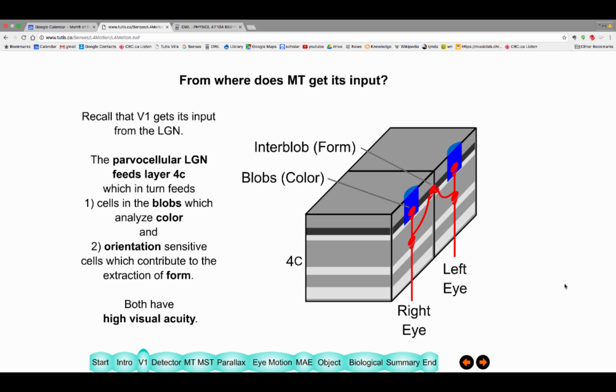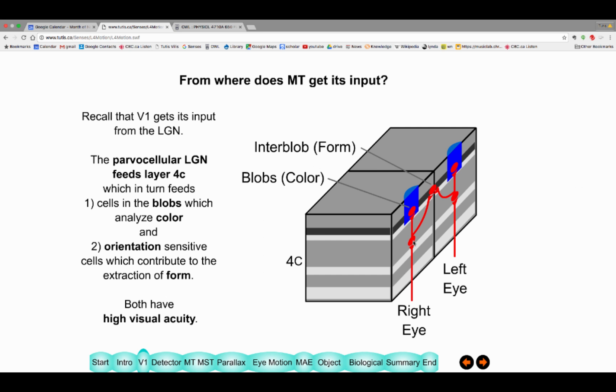Now, we saw that information comes into your layer 4C, and that it heads up, for example, and goes to these blobs. And that's where you have your double opponent cells.